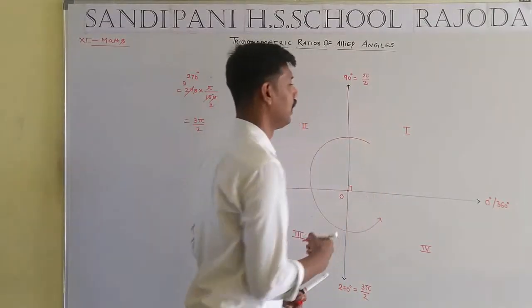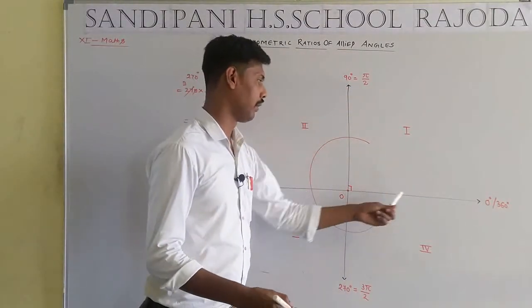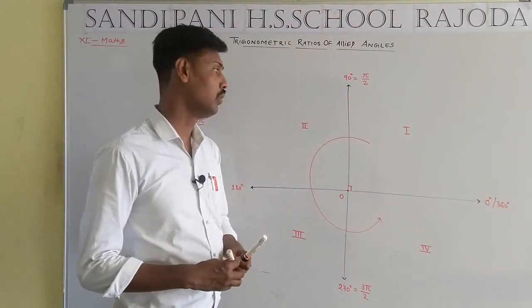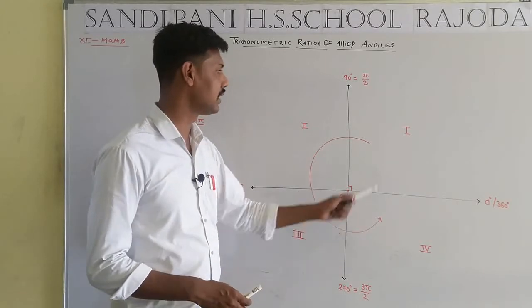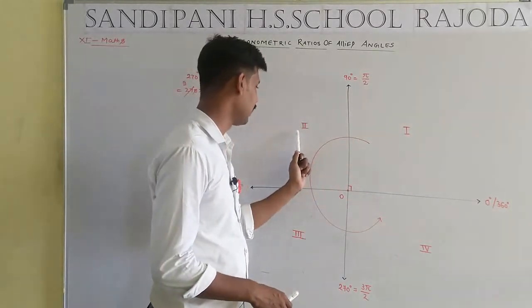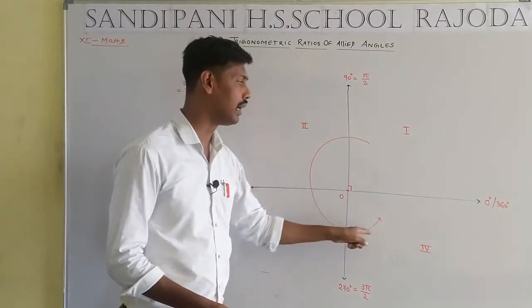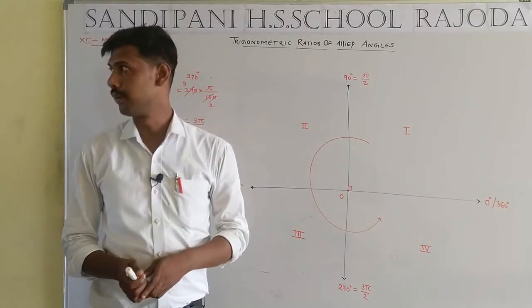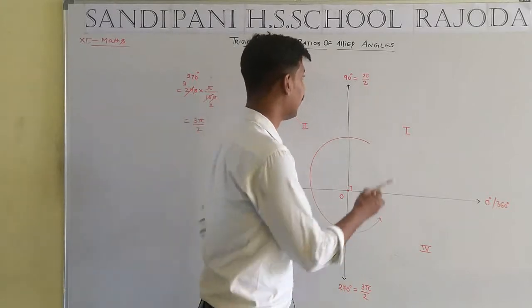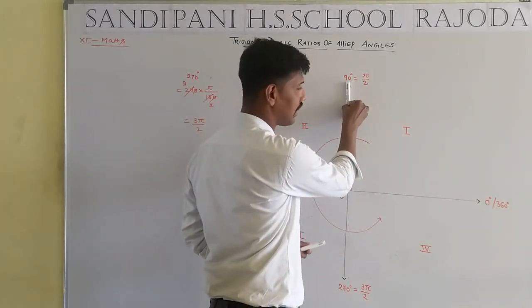I recall the graphical representation between the two mutually perpendicular lines: the first part, second part, third part and fourth part when we go in the anti-clockwise direction. Now we take 90 degree. This is 90 degree.